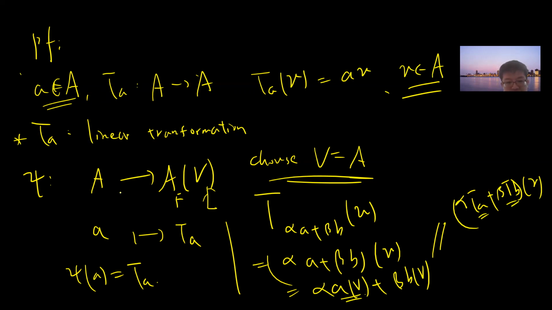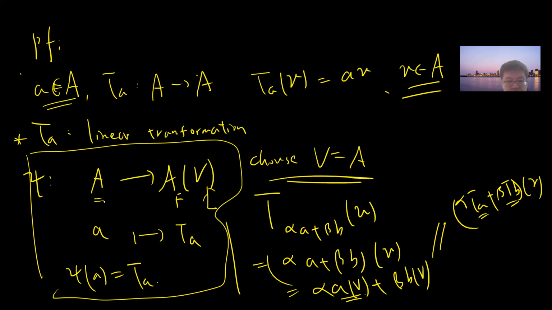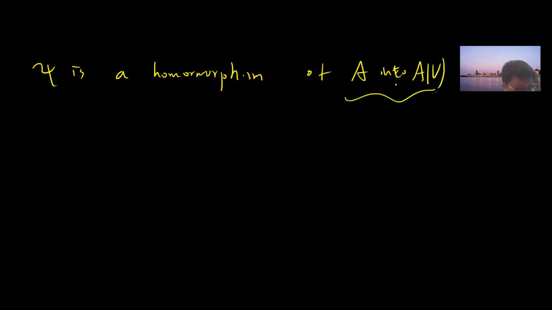What I'm saying is that this map is a vector space homomorphism, by this property. So psi is a homomorphism of A into Hom(A, A).